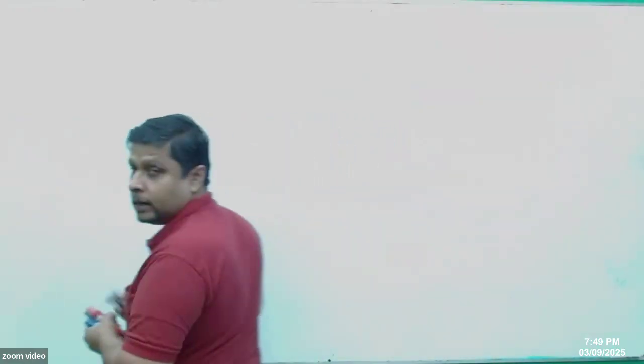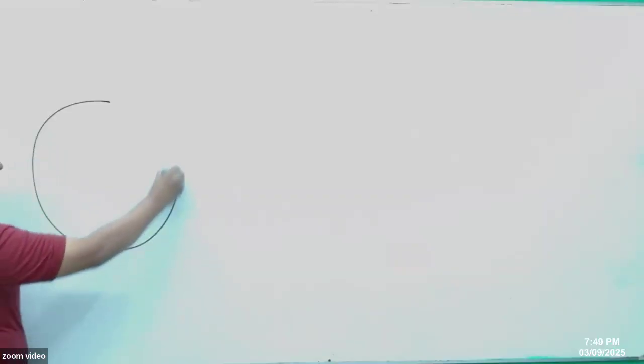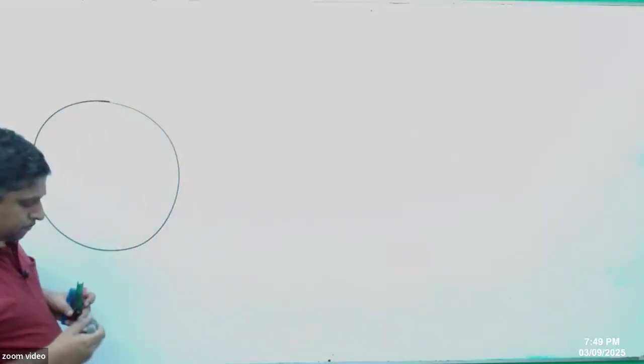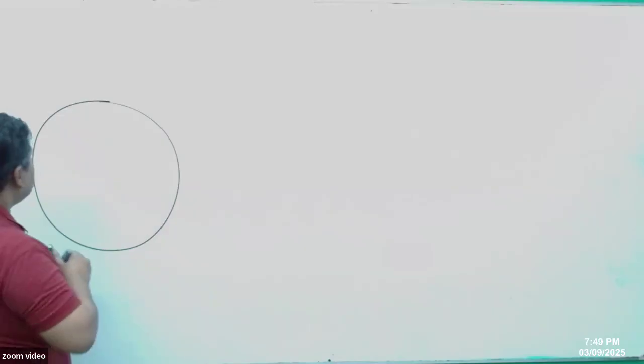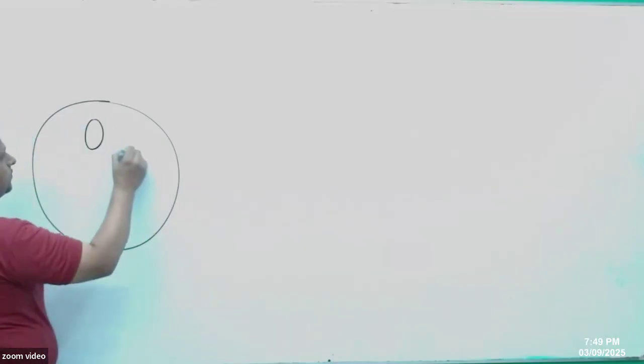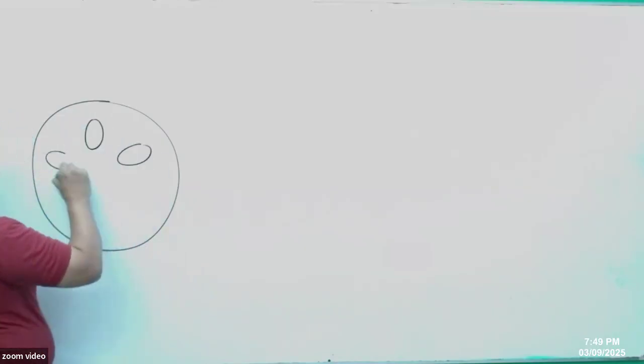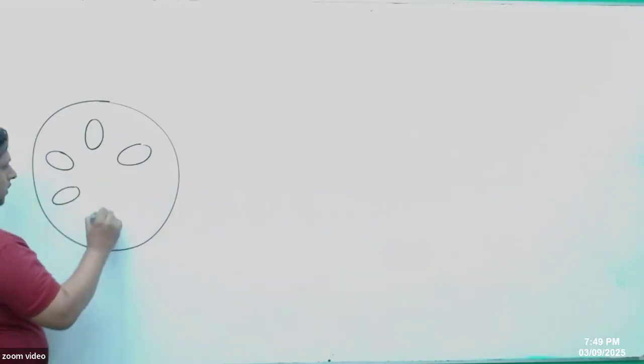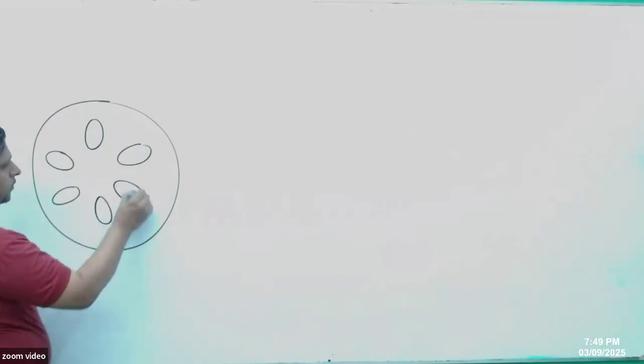Now, people, if you think of the secondary growth process, this is the primary stem. These are the vascular bundles of the primary stem.